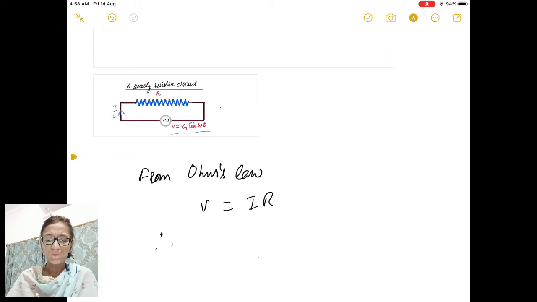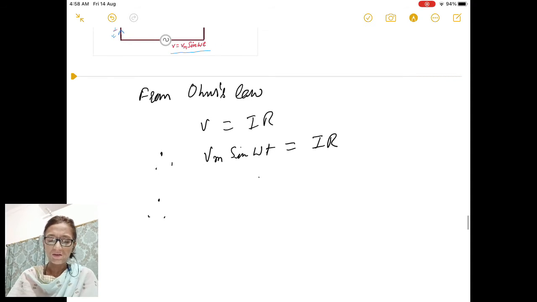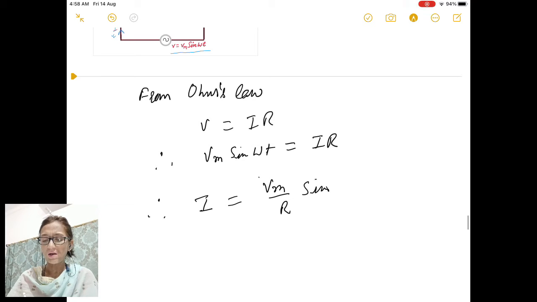Therefore, V, which is equal to Vm sine omega t, this is equal to IR. And therefore, I is equal to Vm upon R sine omega t. So, instantaneous current is written in terms of voltage and resistance.